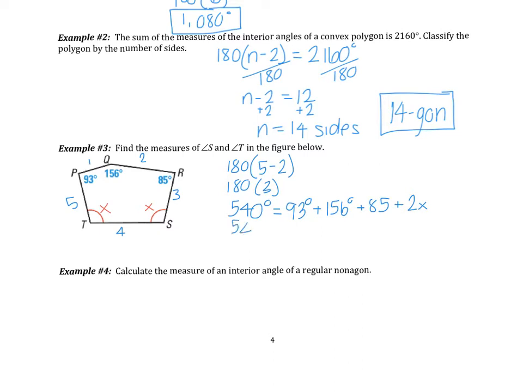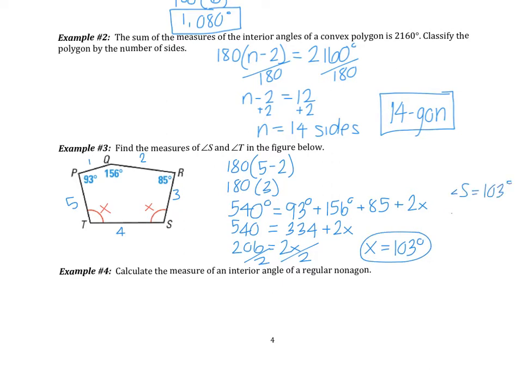So 540 is going to equal 334 degrees plus 2x. Subtract the 334, and you should get 206 equals 2x. Divide by 2, divide by 2. x then should equal 103 degrees, which means angle S equals 103 degrees and angle T equals 103 degrees.